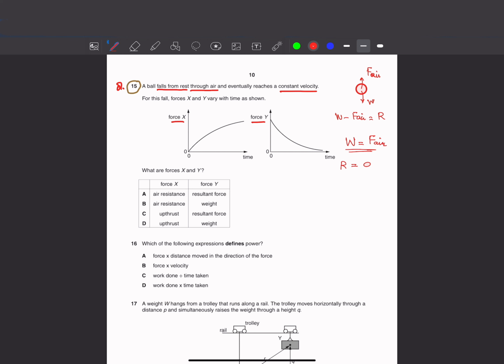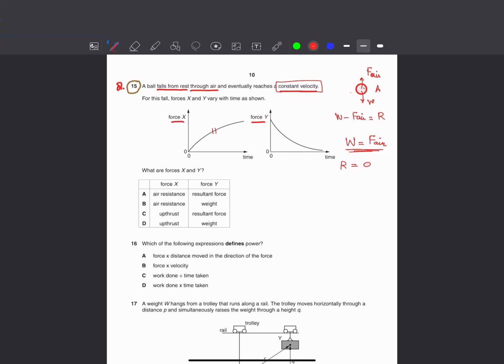The velocity was maximum at the initial stage, but when you are going down, the velocity is slowly and gradually changing, and at one point it becomes constant. At what point? At the point where the air friction becomes equal to the weight. So air friction is increasing, but at a decreasing rate.